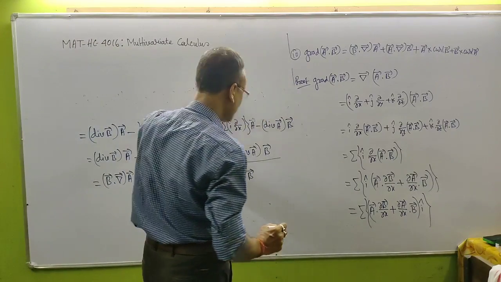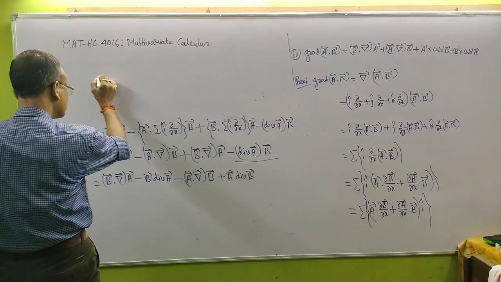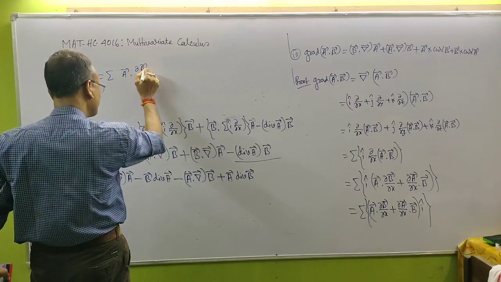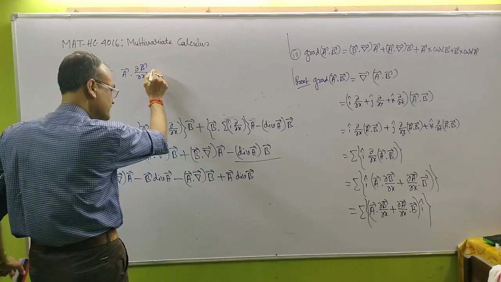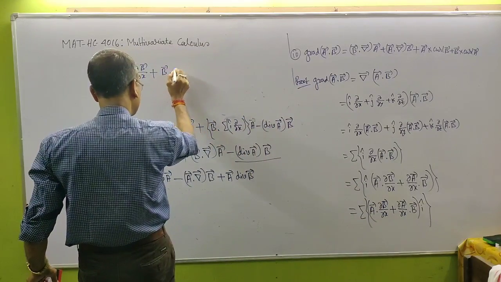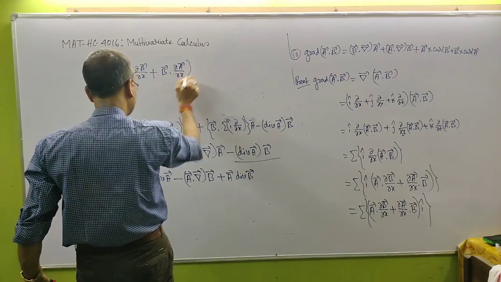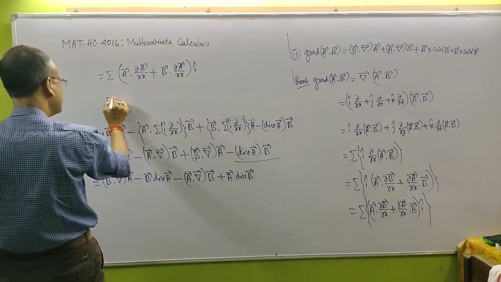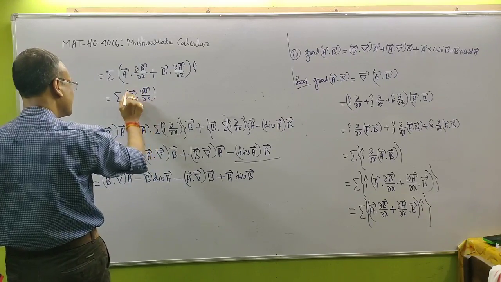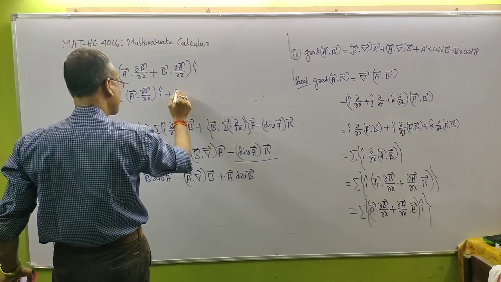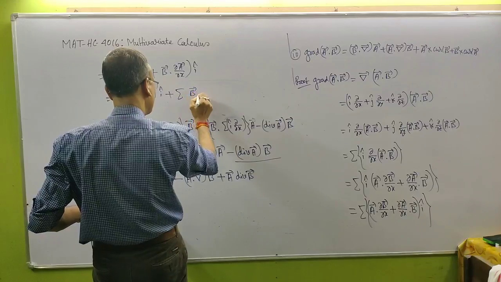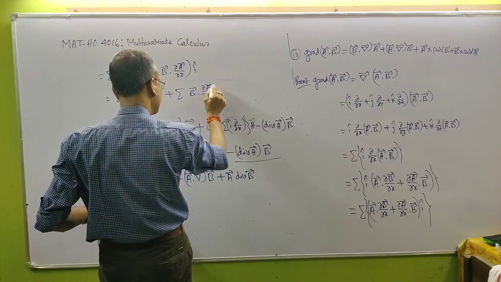Dot product is commutative, therefore you may write B dot del A by del x i cap. This is equal to summation A dot del B by del x i cap plus again summation B dot del A by del x i cap.